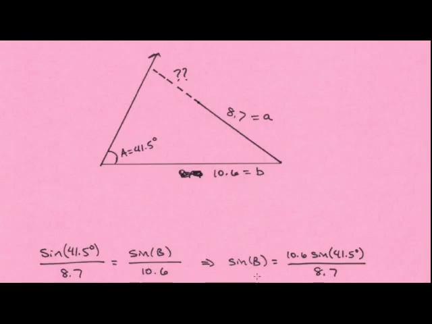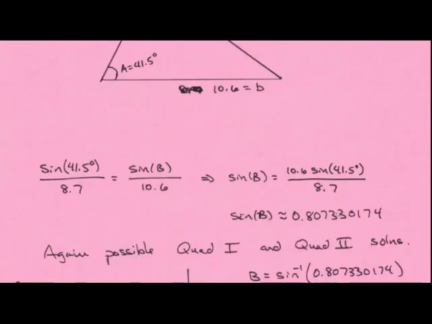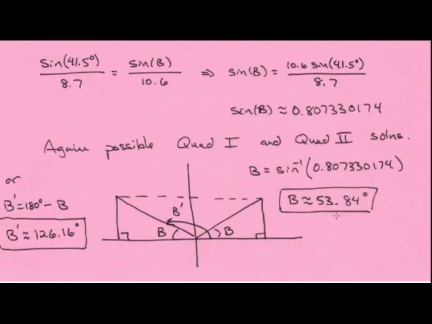So solving for sine of angle B, we get the sine of angle B is 10.6 times the sine of 41.5 degrees divided by 8.7. So if we plug that into the calculator, we end up seeing that the sine of B is going to be 0.807330174.